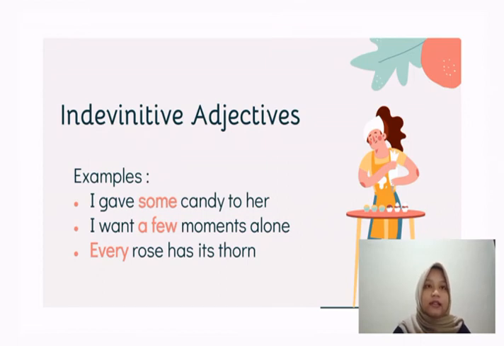And the indefinite adjective is a few. And the last one is, every rose has its thorn. And the indefinite adjective here is every, because it provides indefinite or unspecific information about the noun.